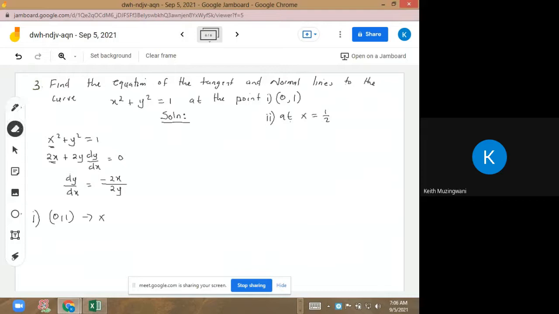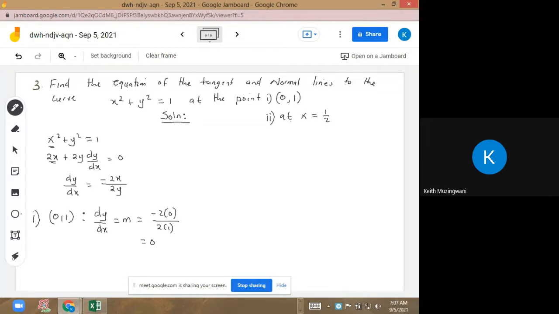So get both values and substitute them in dy/dx to obtain m, which is going to be negative 2 times 0 over 2 times 1, giving us 0. Now, when the gradient is 0, it means that you have a horizontal line.